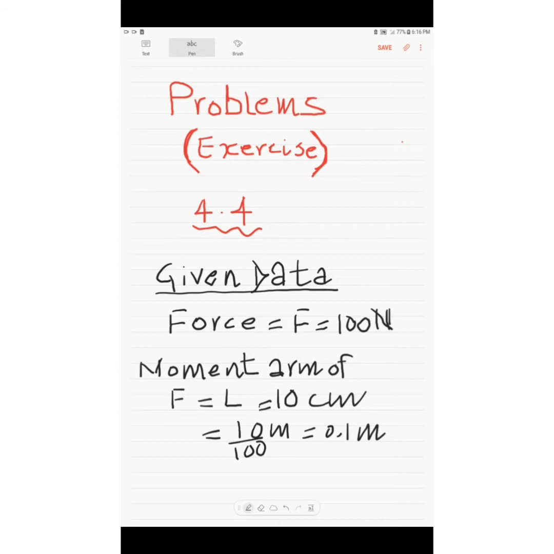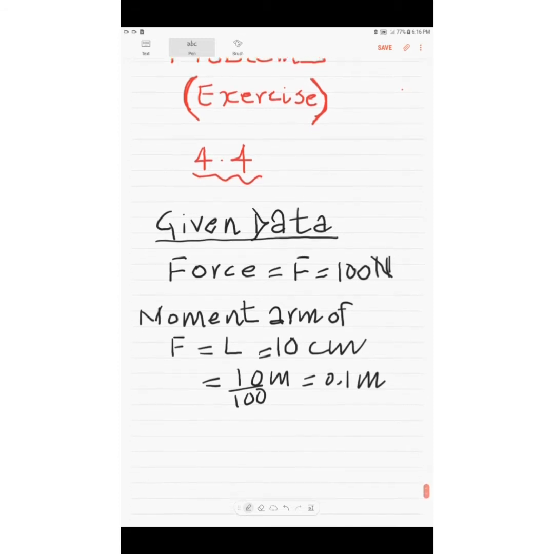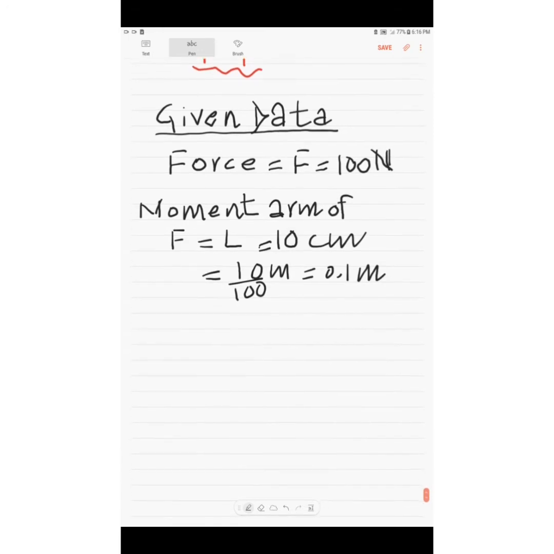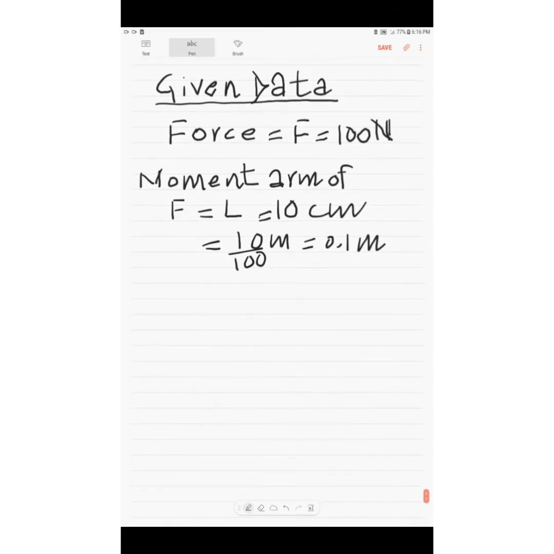You have to write the given data. Force F is 100 Newton. Moment arm of the force is L, equal to 10 centimeter. You have to change it into meter, dividing by 100. It is now 0.1 meter. Next heading is to find.